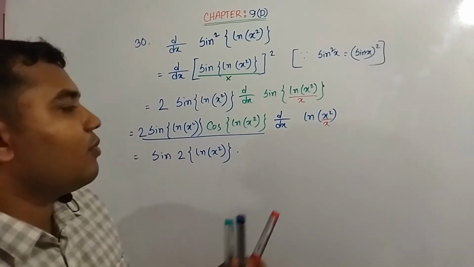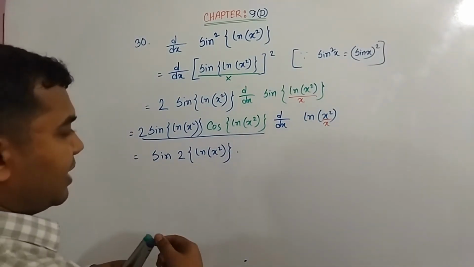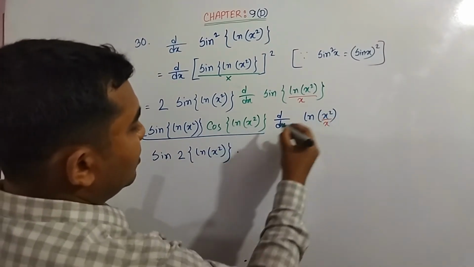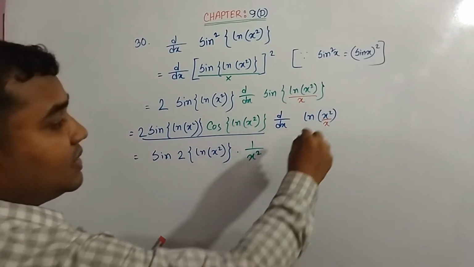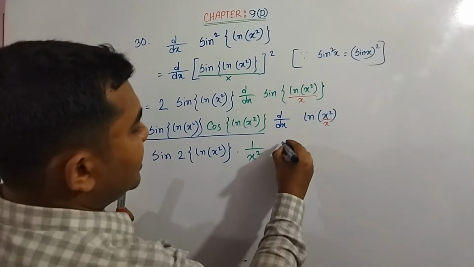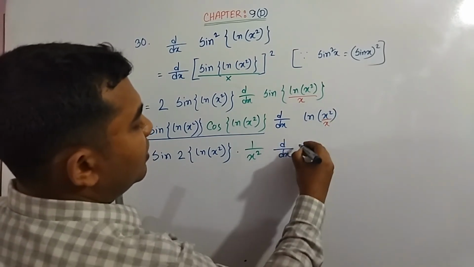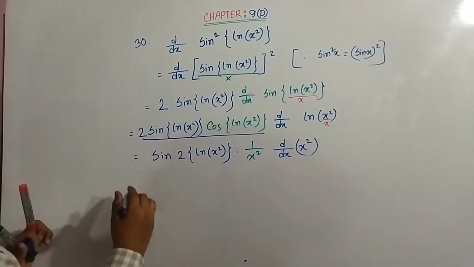So what's the formula for d dx of ln x? Exactly, d dx of ln x can be written as 1 by x. So 1 by x square. Since x square was not our original x, that's why we have to go again for d dx of x square.